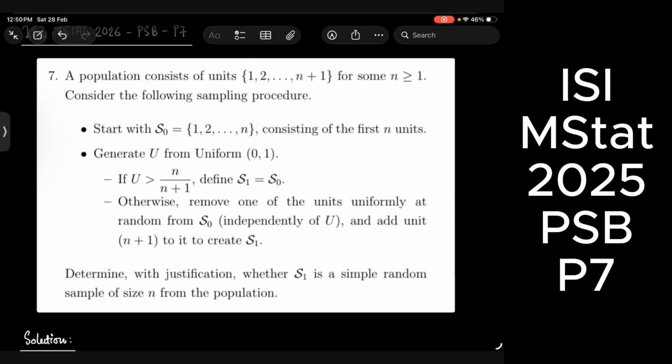And U from uniform 0 1, if U is greater than, from this stage, how will we know U is greater than n by n plus 1? What are you saying?